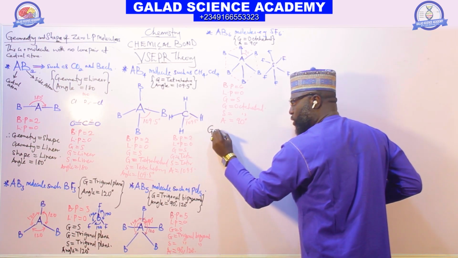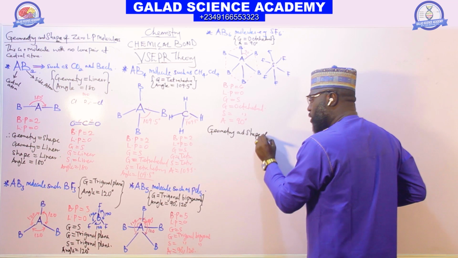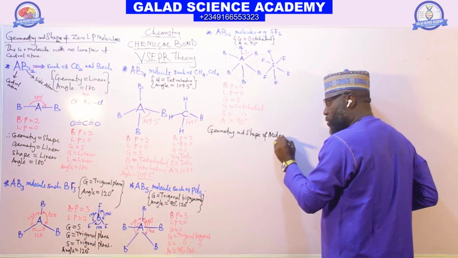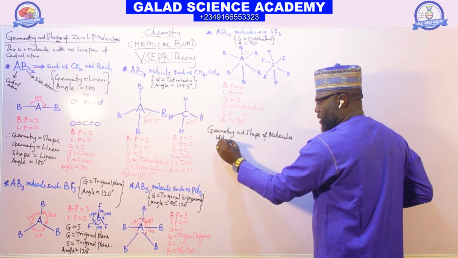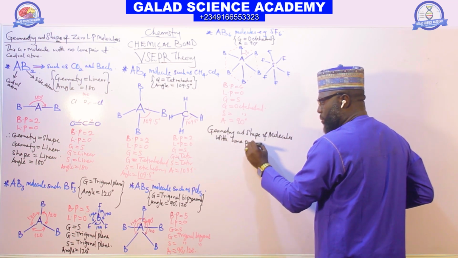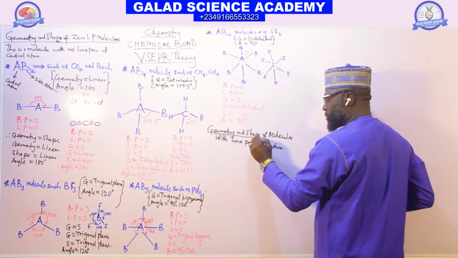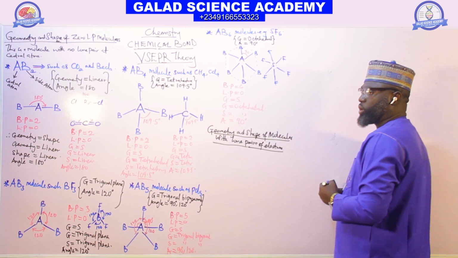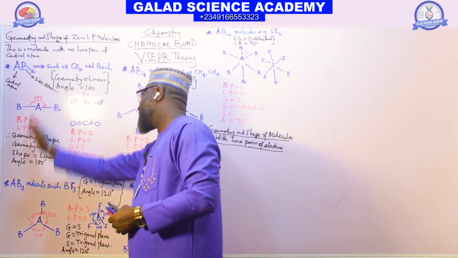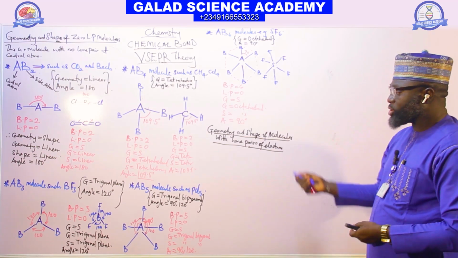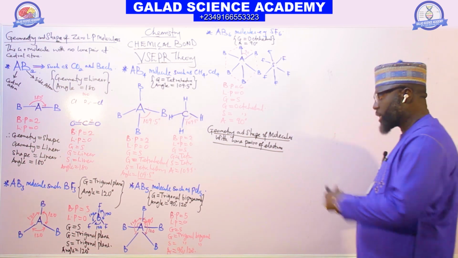To determine geometry and shape of molecules with lone pairs of electrons, this one is another case entirely. For lone pair molecules, we have 6 cases. Let us look at a molecule with lone pair.